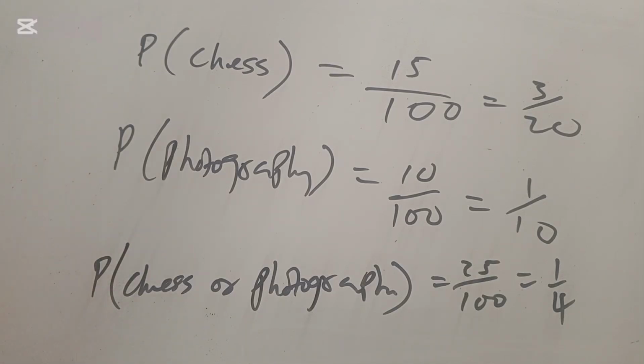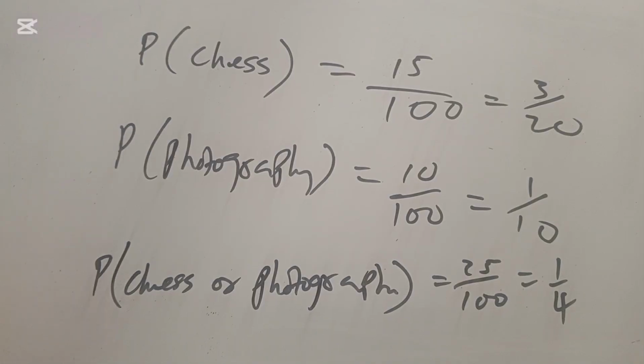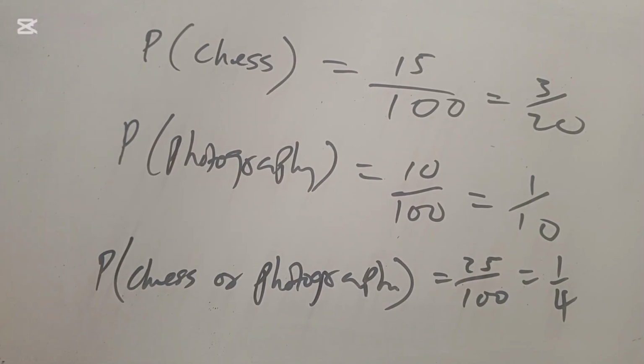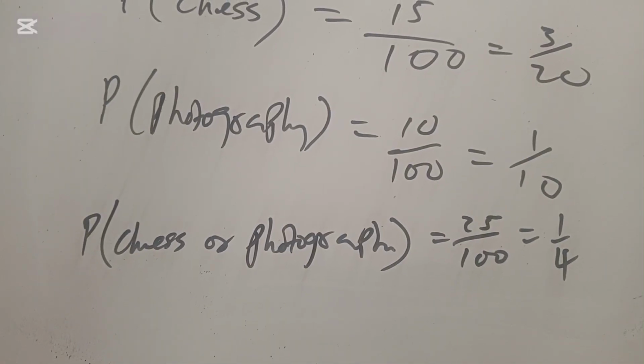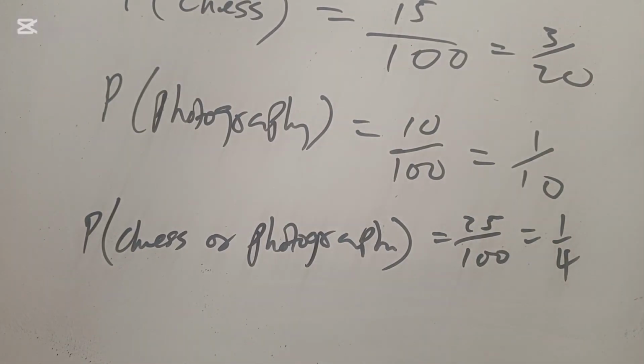Another method of doing this is that you can take the probabilities you have. When you see the word or, it means you are adding.